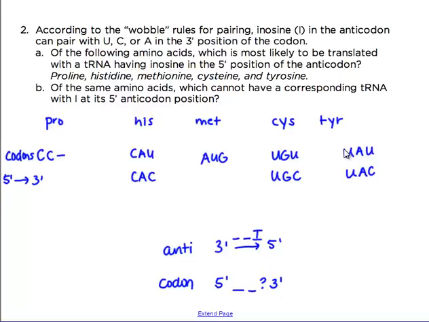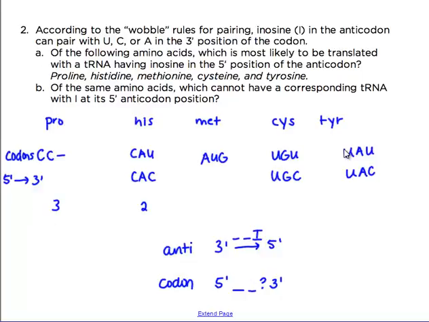Now, if you look at proline, proline can have a U, an A, a C, or a G in the 3' position. So 3 out of its 4 possible codons could bind with it. For histidine, the U or the C can both bind with inosine, so these are 2 codons that have it. So for proline, let me just write 3 instead of 3 out of 4.